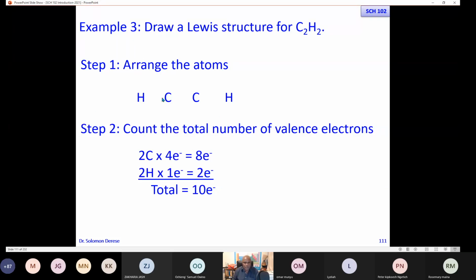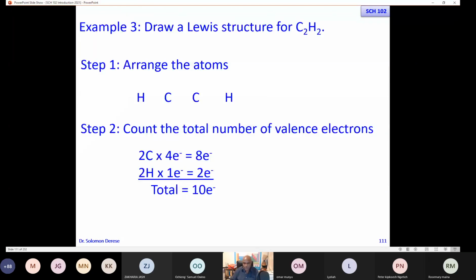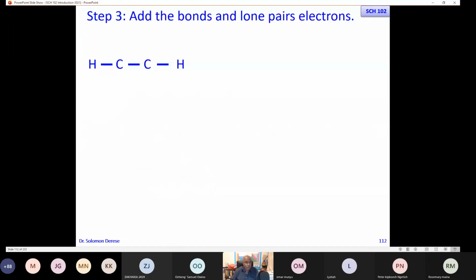And then you use these 10 electrons to form a bond here, here, here, like this. When you do that, we've used 6 of the 10 electrons. So we have 4 electrons which we have not used. Those we use as pairs.